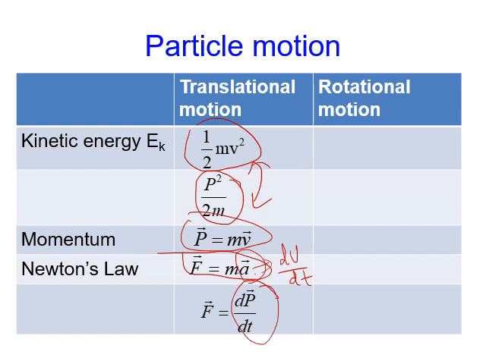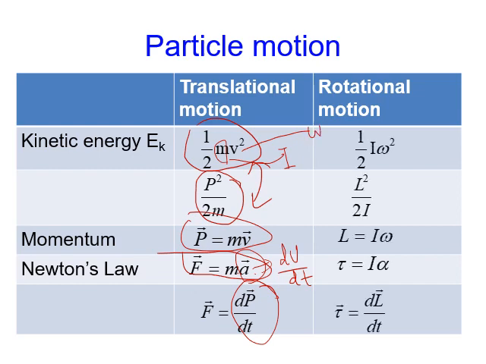Rotational motion resembles translational motion, but the mass changes to I, the moment of inertia, and the v, the linear speed, changes to angular speed. So the rotational kinetic energy is half I omega squared, and the momentum is I times omega. Newton's law becomes I times angular acceleration.